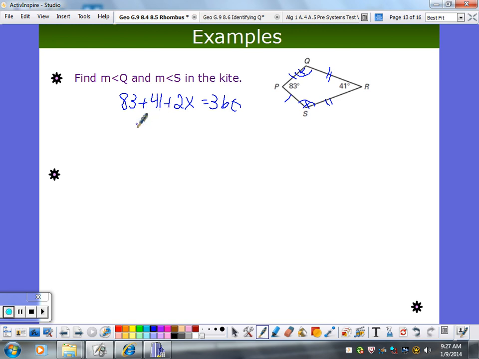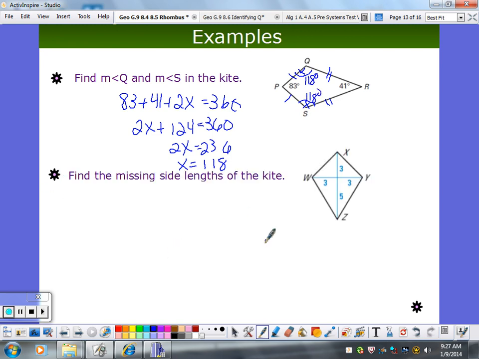That's 124. Subtract that from 360, this is 236. Divide by 2. That's 118. So these are 118 degrees.